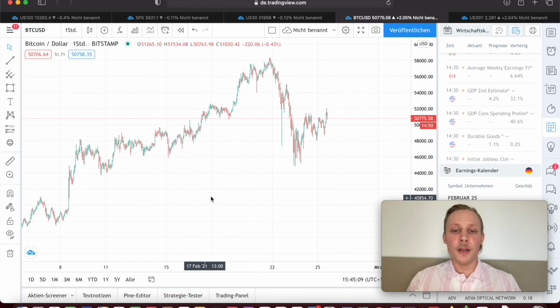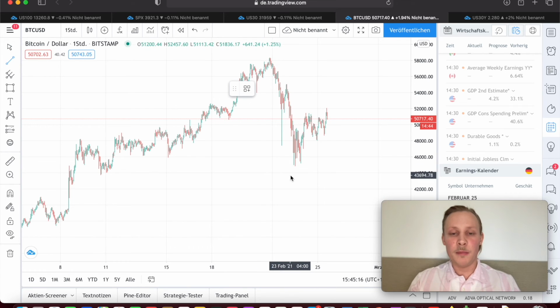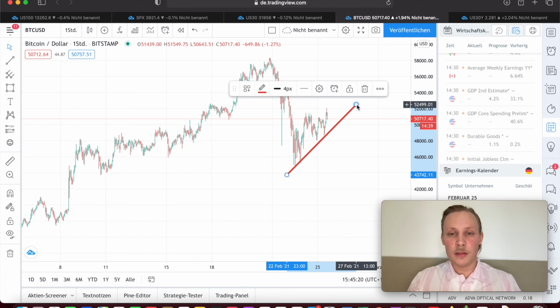Here we got Bitcoin. Here you see we had an ascending triangle even if it was in a downtrend. Let me draw it for you. So let's make it a little bit thinner.